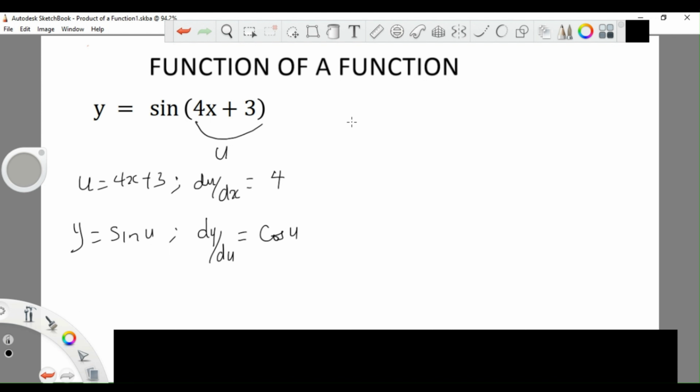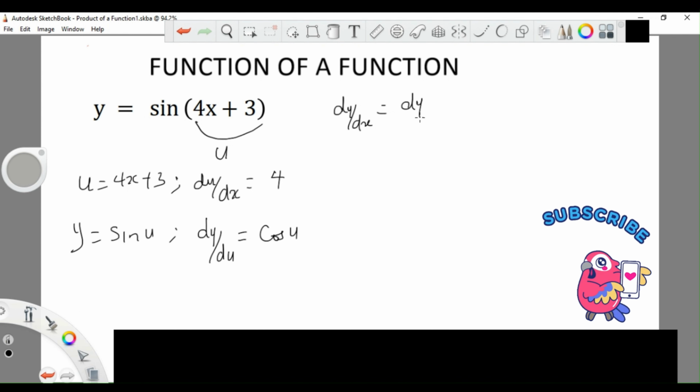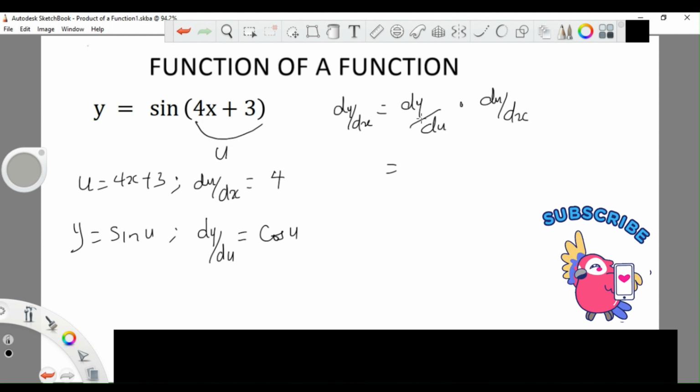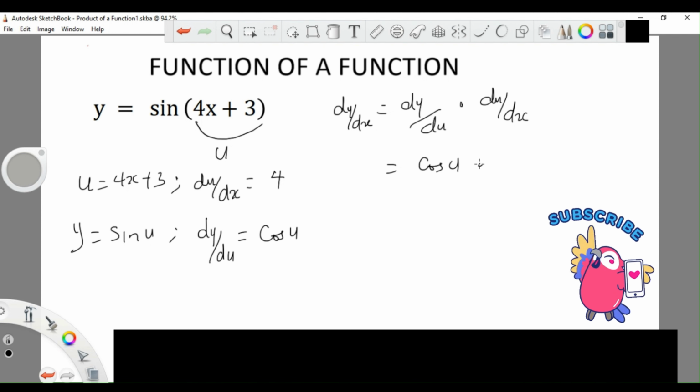So therefore, to differentiate this function of a function, dy/dx is equal to what? dy/du times du/dx. So our dy/du is cos u times our du/dx is 4.